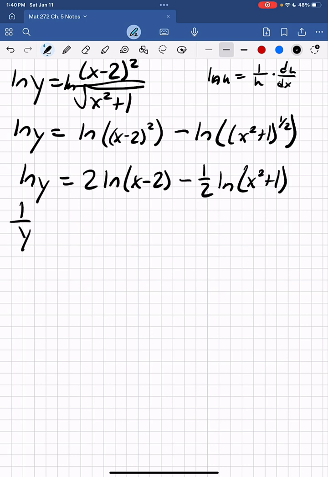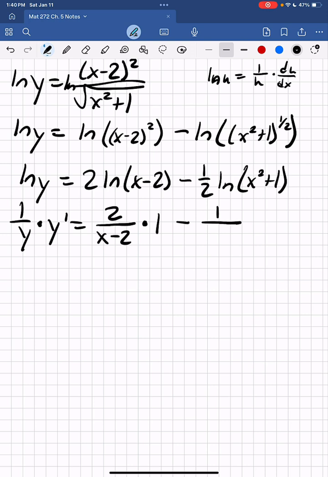So I have 1 over y times y prime. Here I have 2 over x minus 2 times the derivative of the inside. The derivative of x is just 1.